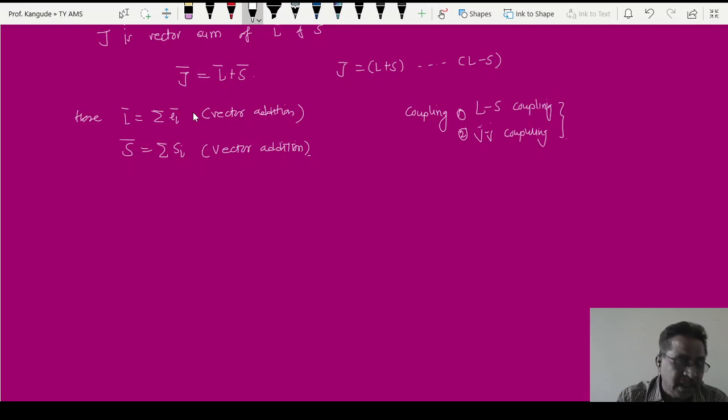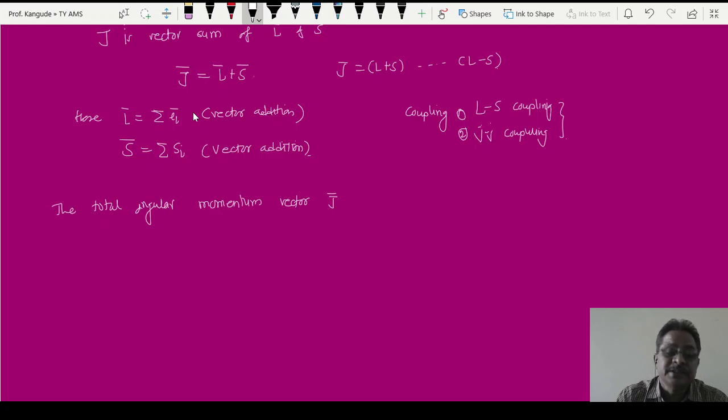Now let's see something about the total angular momentum vector J bar.